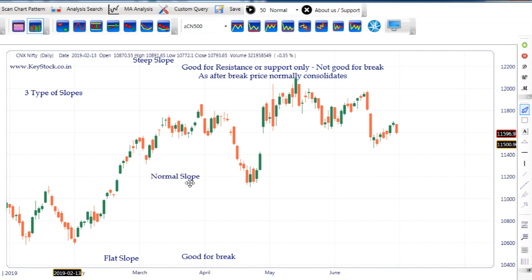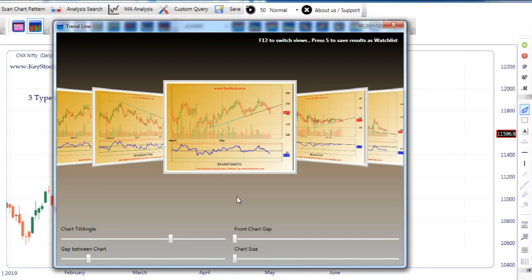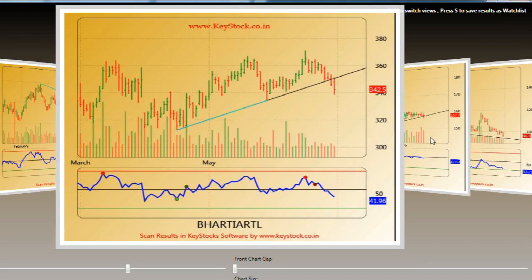Now coming to the normal slope, it is good for both resistance or support and also for the break. Like this Bharti Airtel, this is a normal slope, neither flat nor too steep.